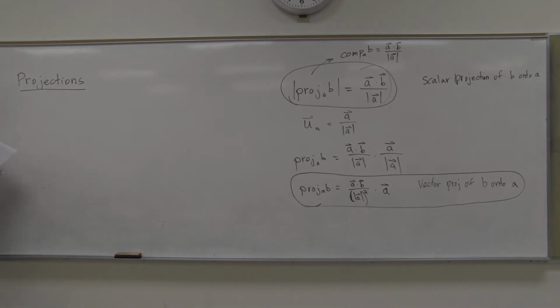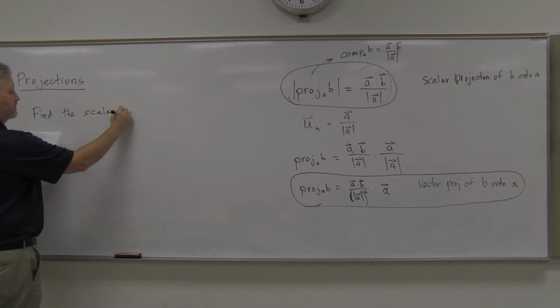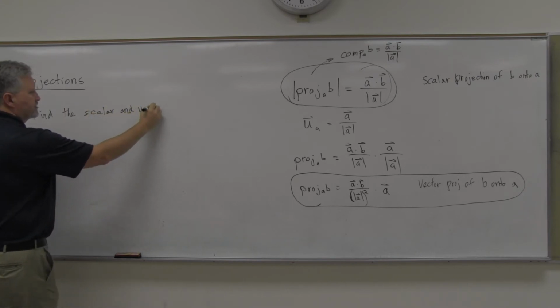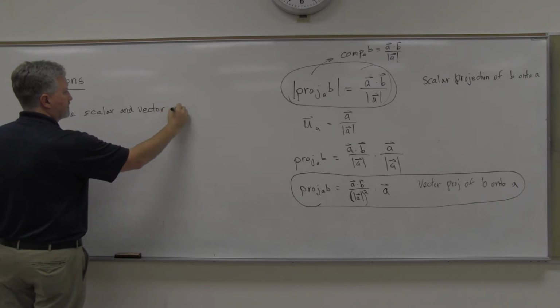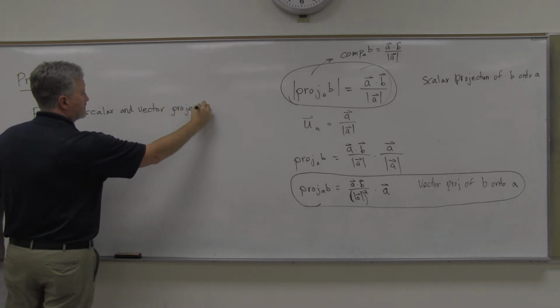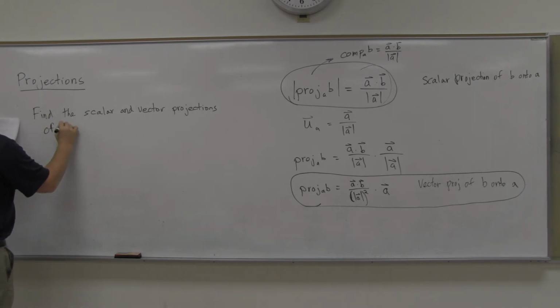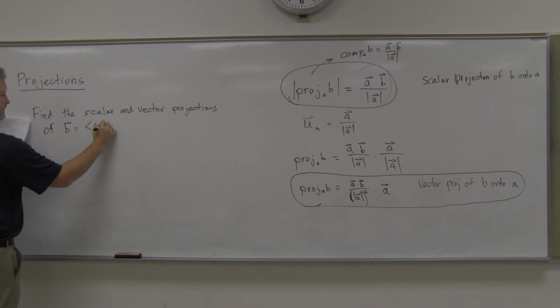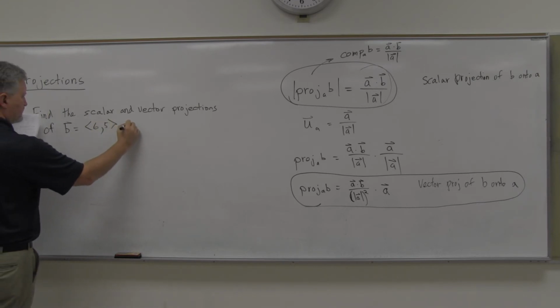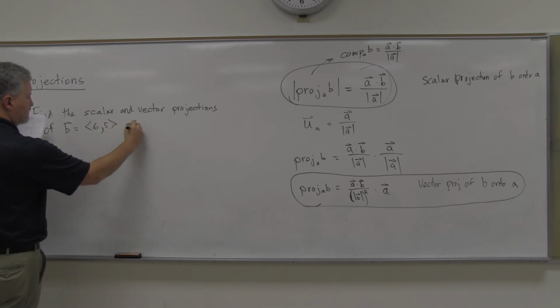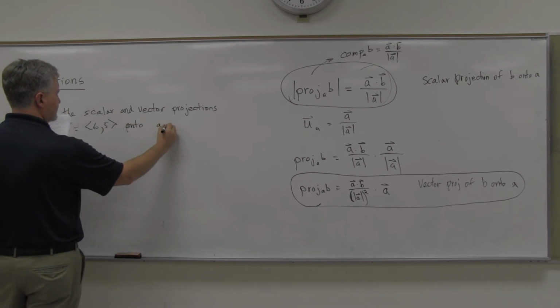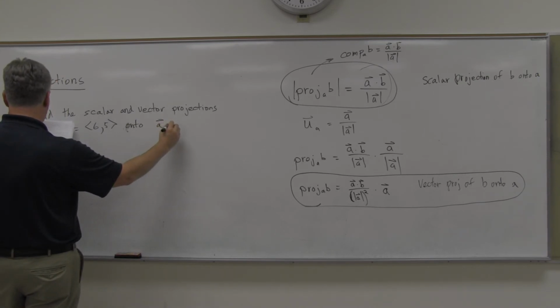Okay, so find the scalar and vector projections of B, which is 6, 5, onto A, which is 3, -2.